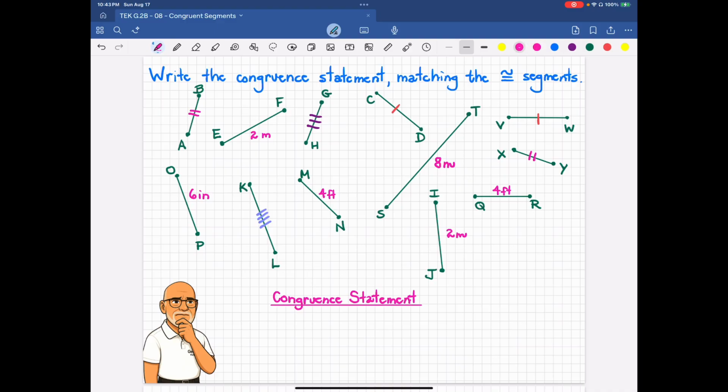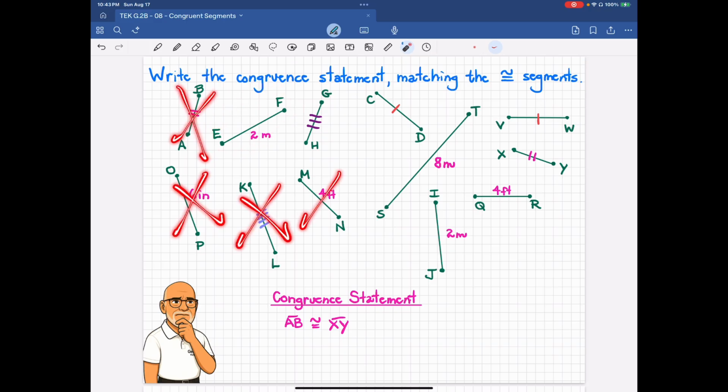And the congruent statement would be AB is congruent to XY. Next up, we have EF, which is 2 meters. I need to find another line segment that measures 2 meters. So looking around, definitely not that one, not this one, not this one, not this one.